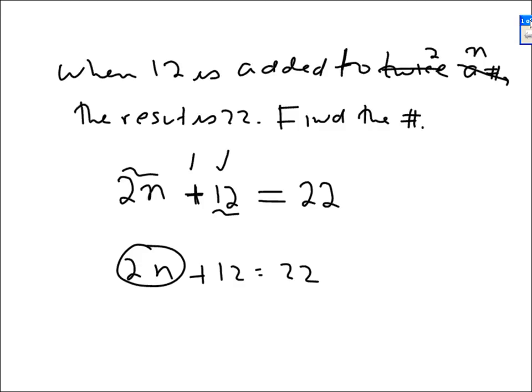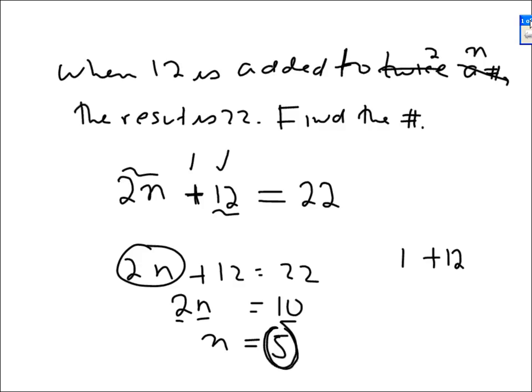You should know that's 10. 10 plus 12 is 22. 2n must be 10. 2 times some number is 10. 2 times 5 is 10. The n is 5. And we can double check it. When 12 is added to twice a number, twice 5 is 10.